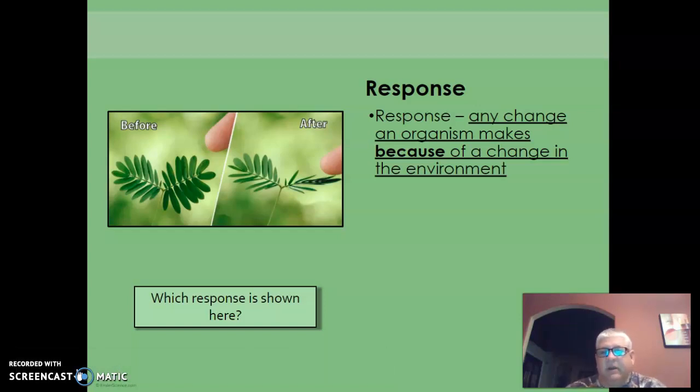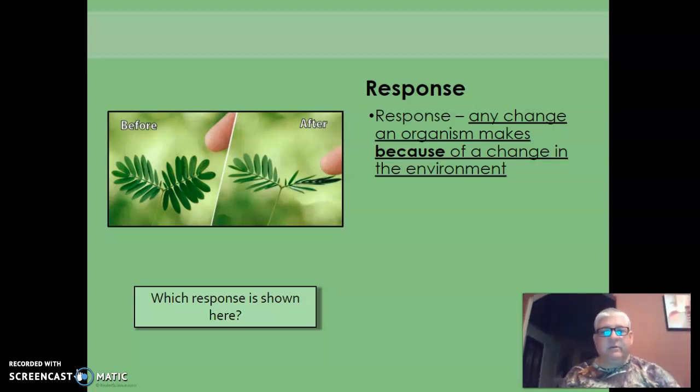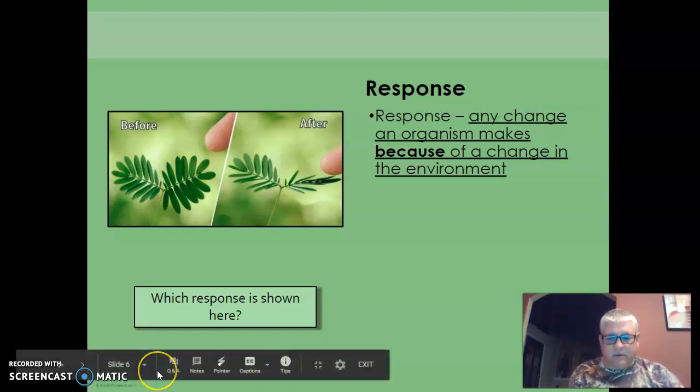A response is any change an organism makes because of a change in the environment. So it's responding to the touch of, in this case, a person. Sometimes it may be another organism. So anyway, let's continue on.